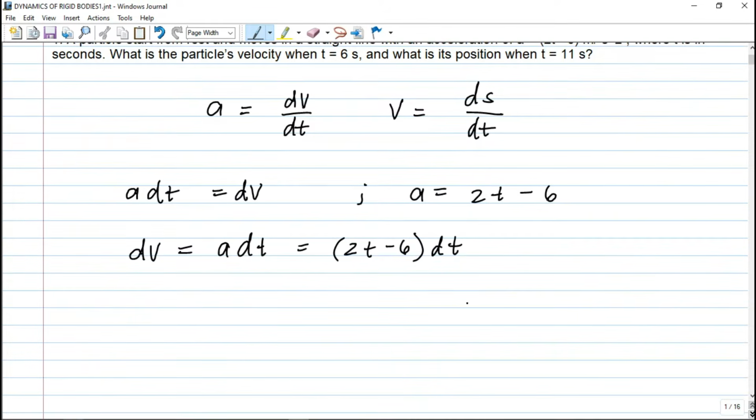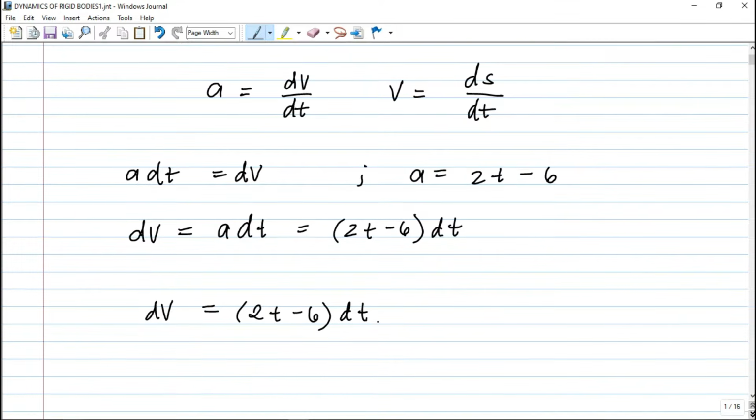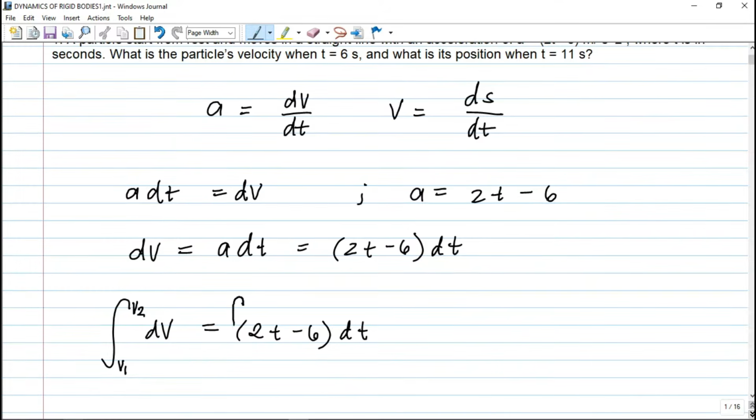So we have derivative of velocity is equal to quantity 2t minus 6, dt. Then we integrate both sides. The lower limit is the initial velocity, and the upper limit is the final velocity. Then from time 0 to time t.